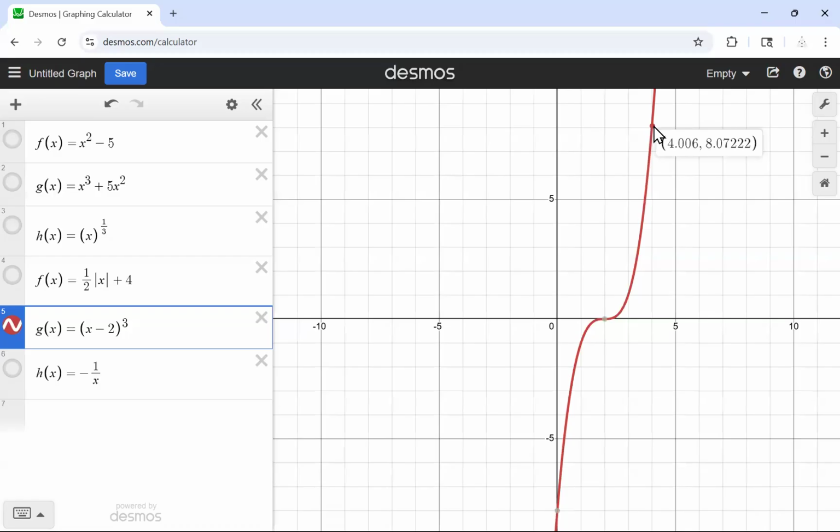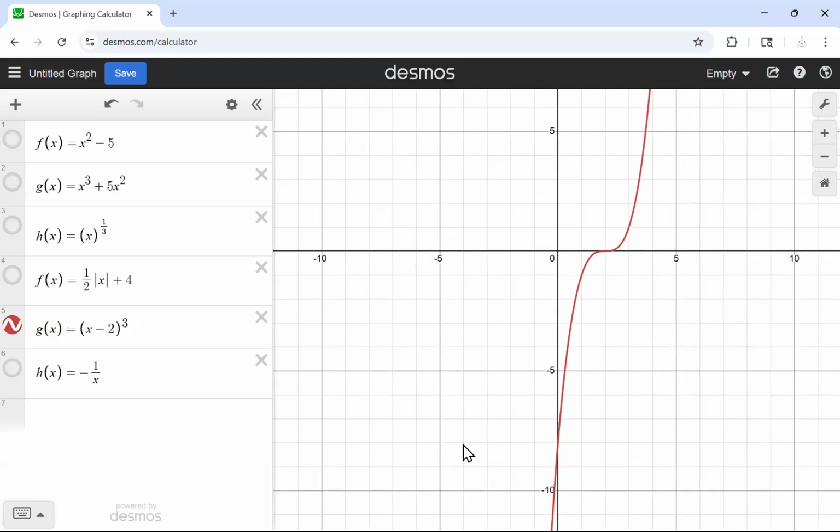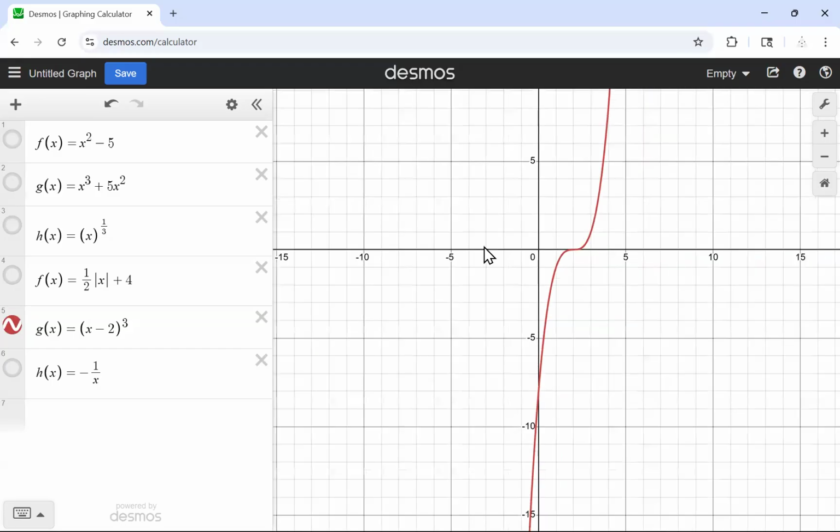It is also not symmetric with respect to the origin because like this 4, 8 should have -4, -8, which it doesn't. So this is neither even nor odd based on the appearance of the graph.